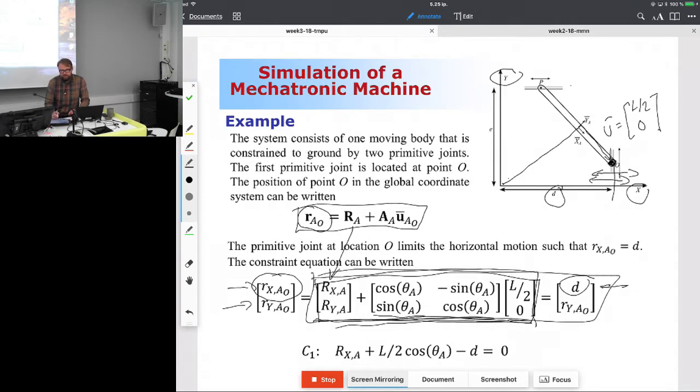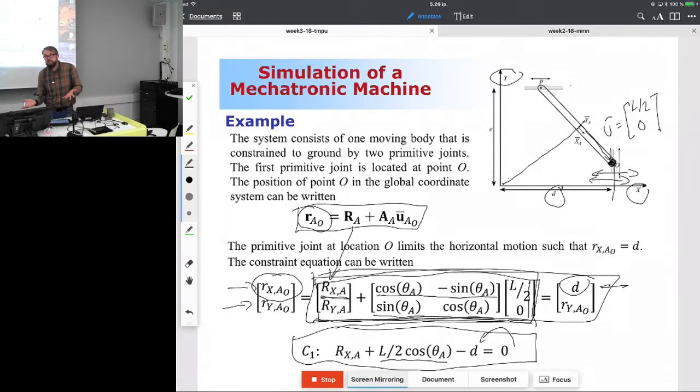That's my constraint, except that is not yet my constraint. I still need to do the math. I have to compute this matrix multiplied by this vector, but it's going to be this row. So it's L multiplied by cosine theta, then this is 0. And then d, I'm going to take and put it in the left-hand side of the equation. This is my first constraint.